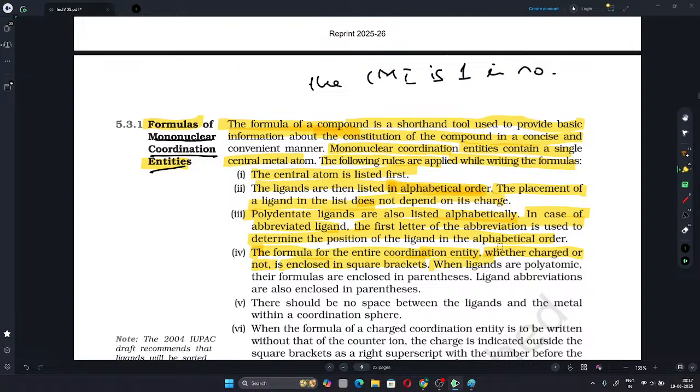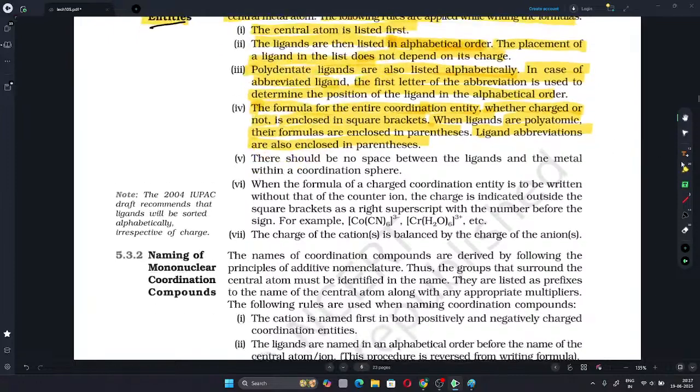When ligands are polyatomic, their formulas are enclosed in parentheses. Ligand abbreviations are also enclosed in parentheses. There should be no space between the ligands and the metal within a coordination sphere.